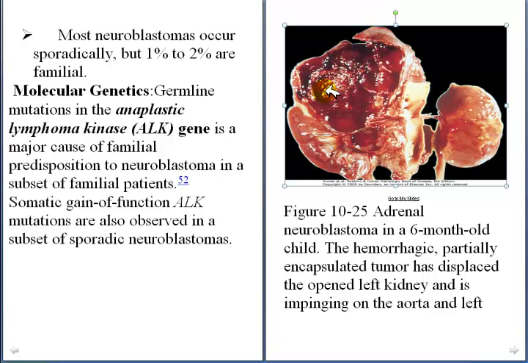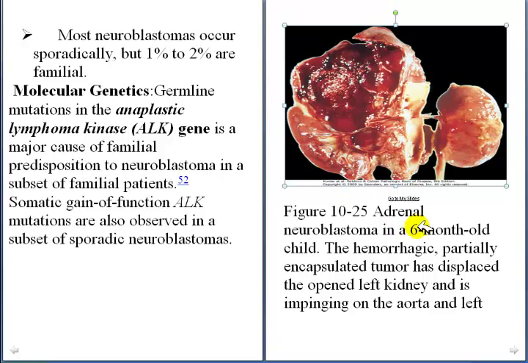So in familial patients, you have germline mutations in the ALK gene, while in sporadic neuroblastomas, you have somatic gain-of-function ALK mutations. Okay, so there's a little bit of difference.